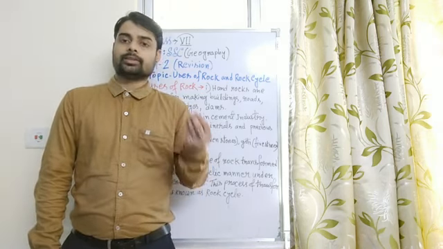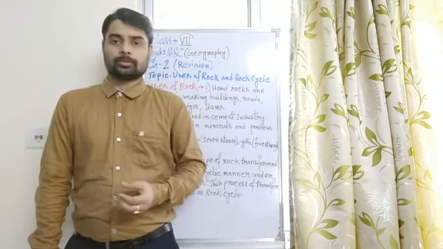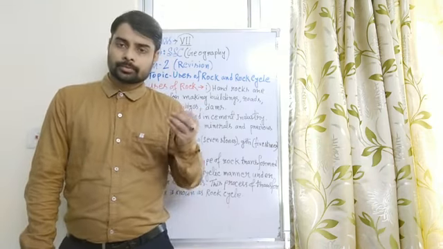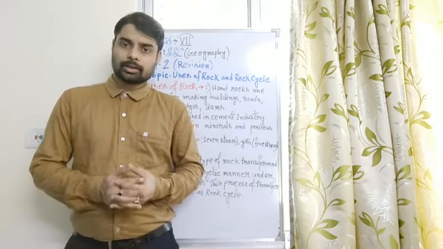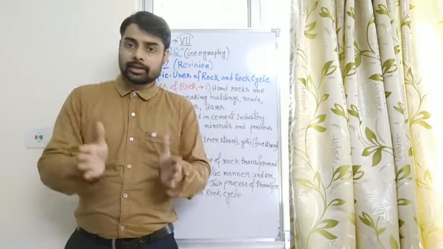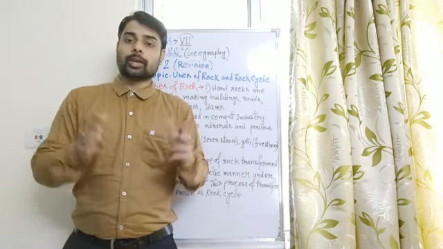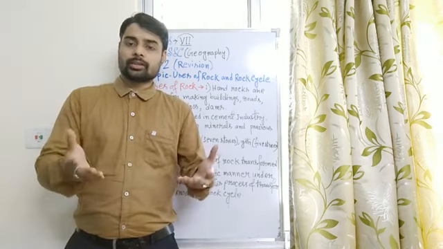Coal is used as a fuel, as well as to produce thermal electricity. And other minerals such as iron are very important. Iron is used to make steel, and today is the age of steel.